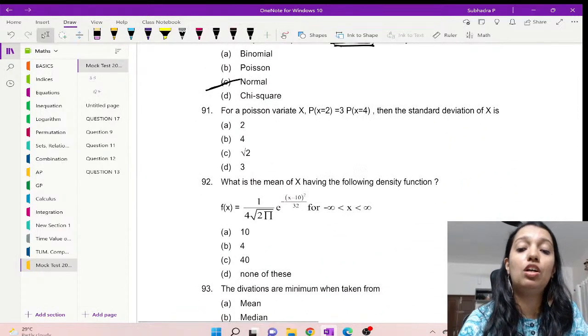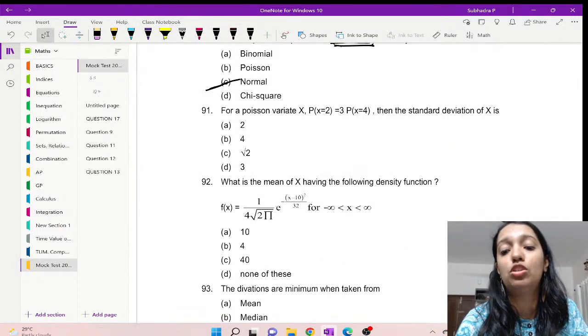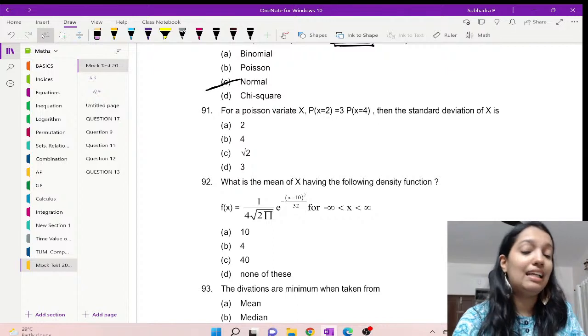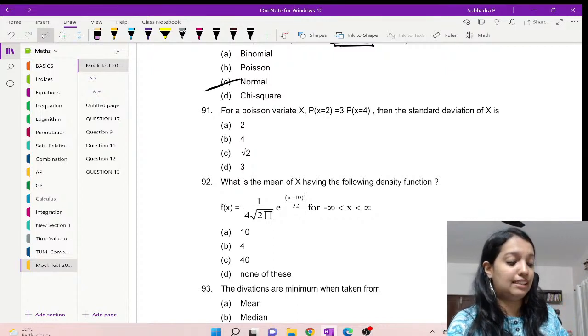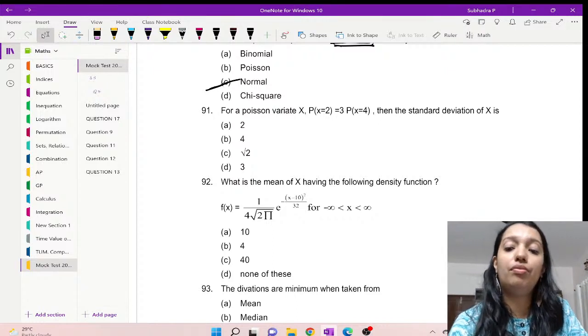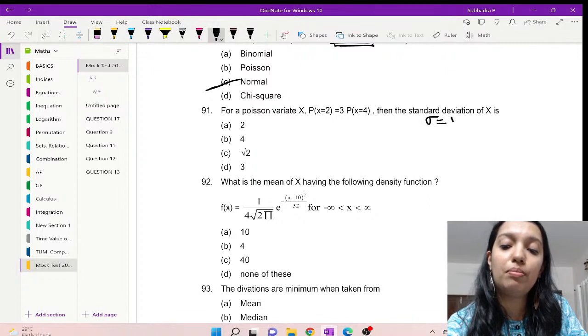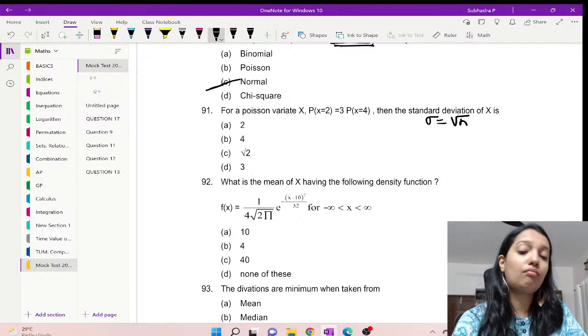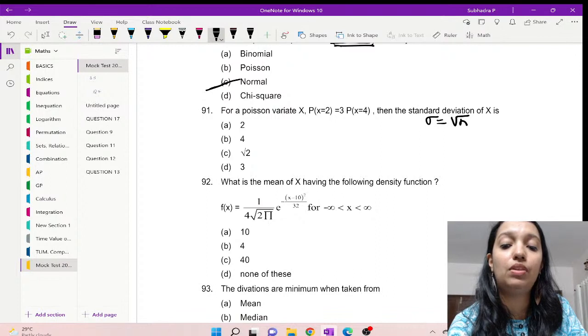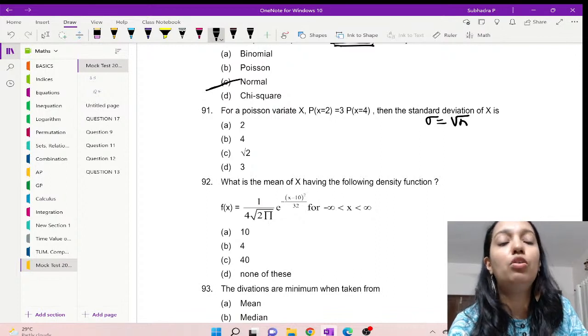Next, for Poisson distribution, if P of x is equal to 2 is 3 times P of x is equal to 4, the standard deviation of x is dash. Now, standard deviation means root of variance. Now they have given P of x equals 2. How do you find this?